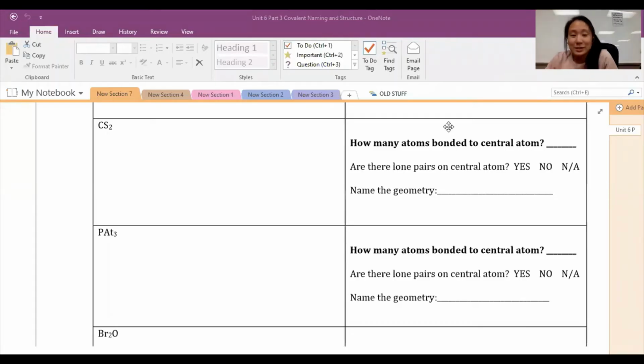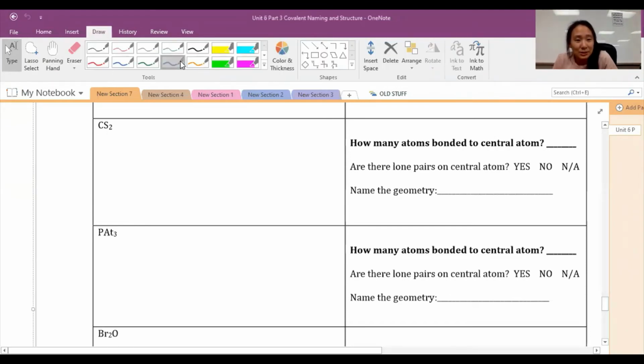Okay, so I'm not gonna do all of these examples, but the ones that I wanted to do right here is CS2. So we have a carbon, so I'm gonna draw really, really small.